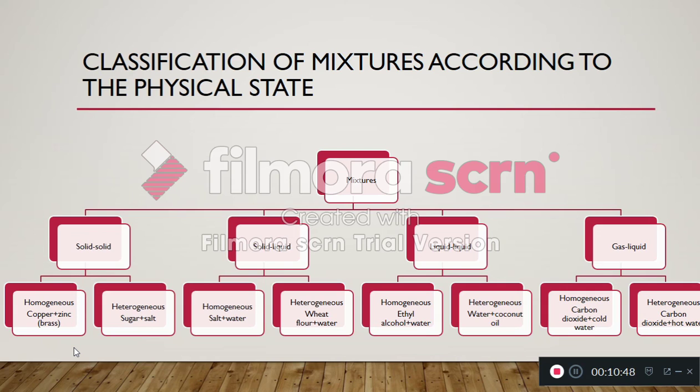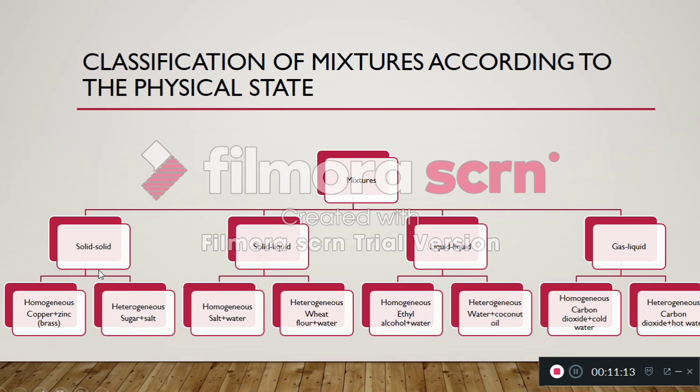As mixtures are also a type of matter, as I mentioned earlier, we can get mixtures in all three states. Therefore, we can classify all mixtures into four types as the flow chart shows: solid-solid mixtures, solid-liquid mixtures, liquid-liquid mixtures and gas-liquid mixtures.